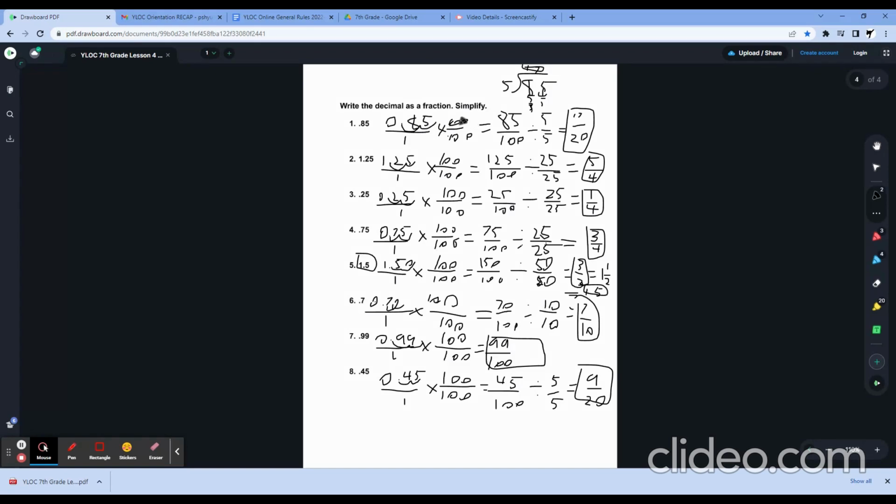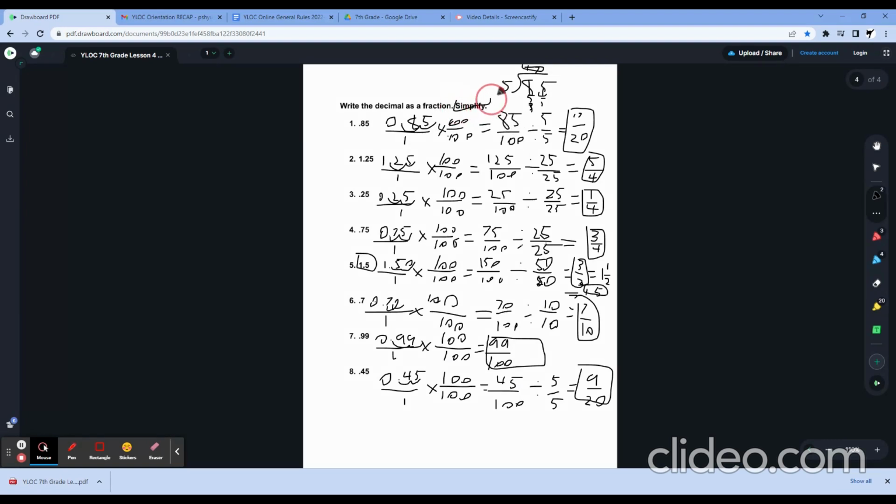So after multiplying 0.85 by 100, just move the decimal point 2 places to the right again to make it 85, and multiply the denominator 1 by 100. So the resulting fraction is going to be 85 over 100.